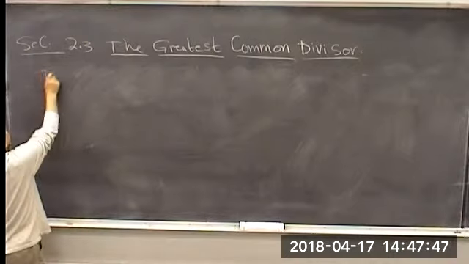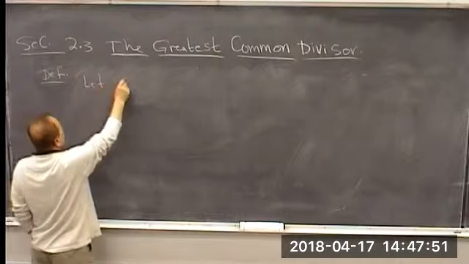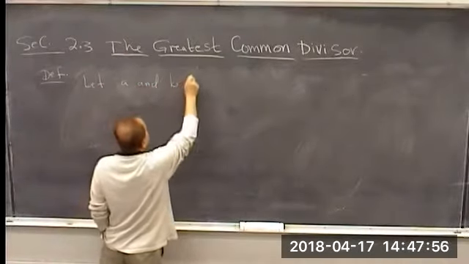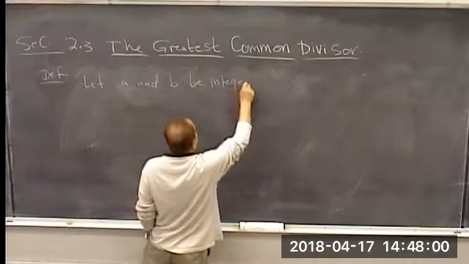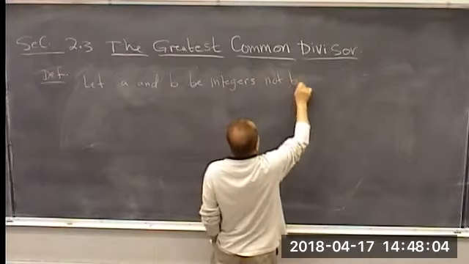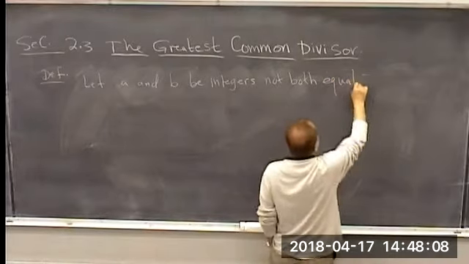Definition. Let A and B be integers, positive, negative, whatever, not both equal to 0.